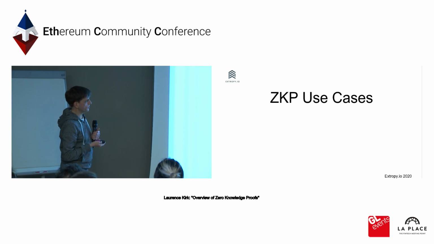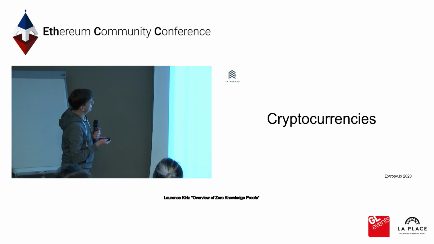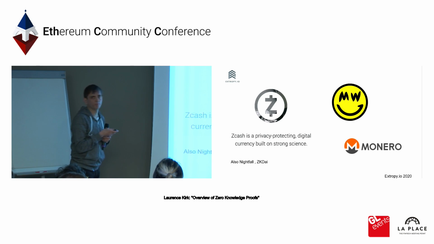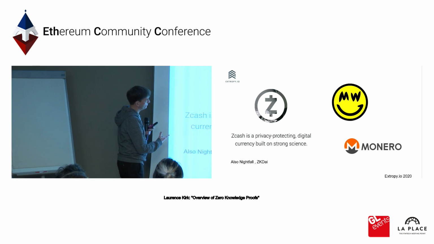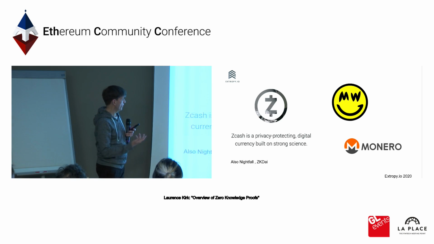If we go to use cases now, obviously cryptocurrencies, perhaps the one that people will know best, Zcash. Grin and Monero are using Bulletproofs. But also Nightfall from Ernst & Young, ZK Dai, all using some aspects of zero knowledge.